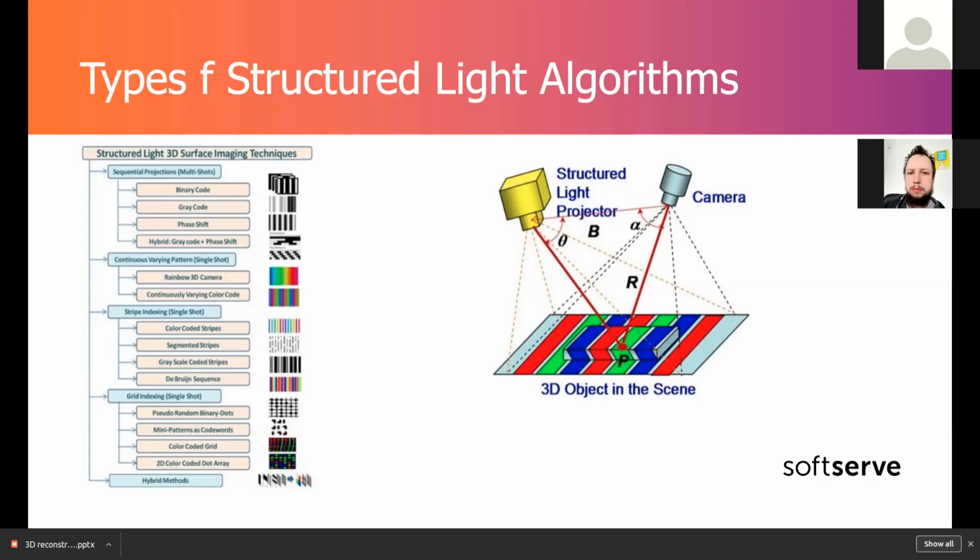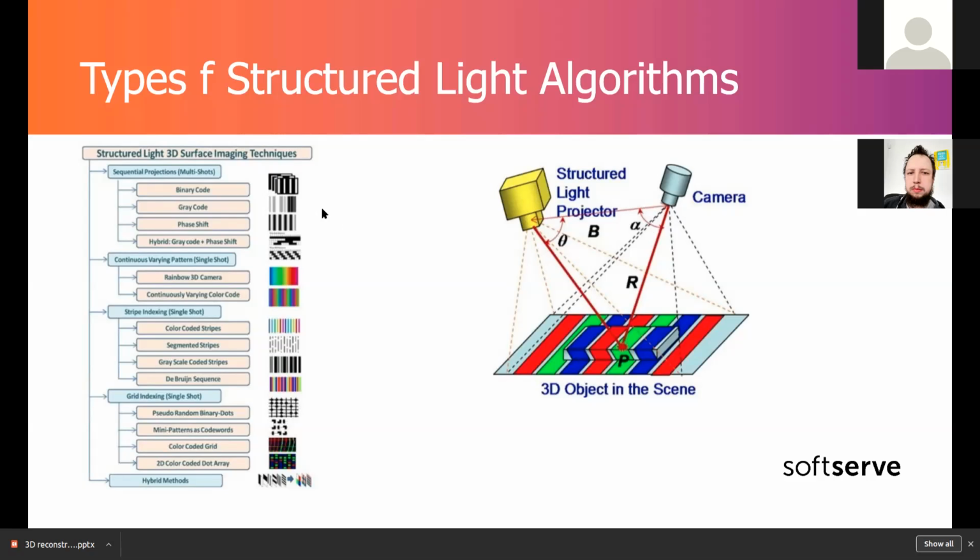And then using triangulation, we find our distance from the camera to the object in the scene. Binary gray code is the same approach, but with a different decoding and encoding technique.